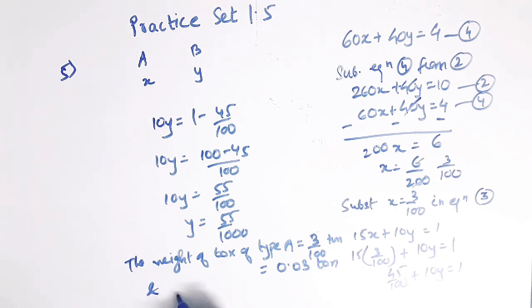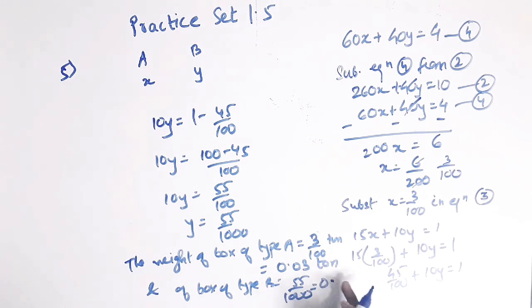And of box of type B, that is 55 upon 1000, which is 0.055. Okay, this is in ton.